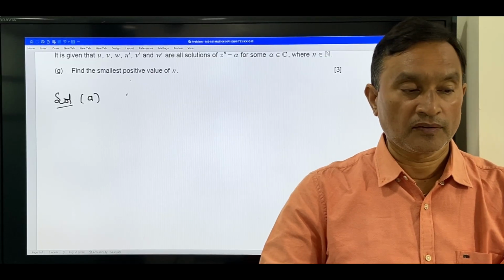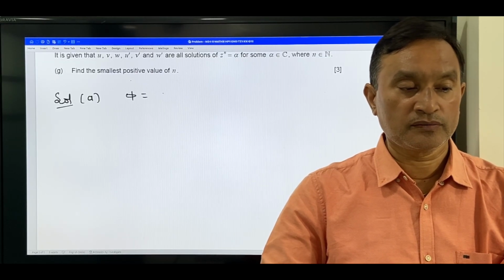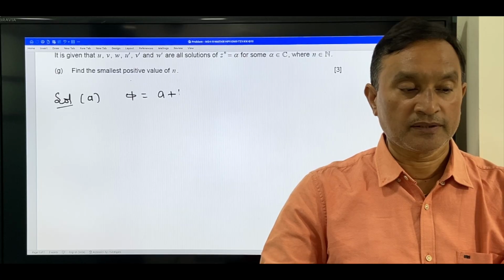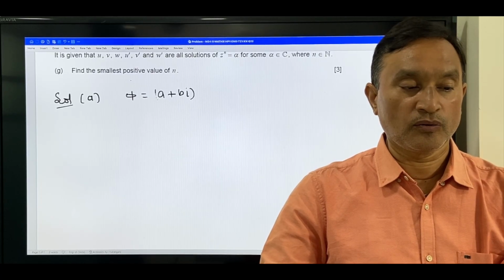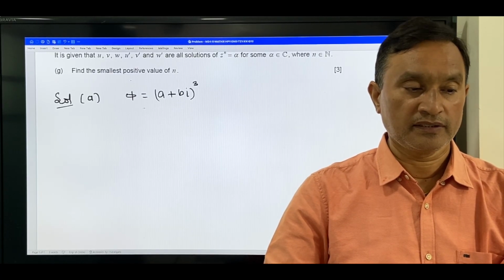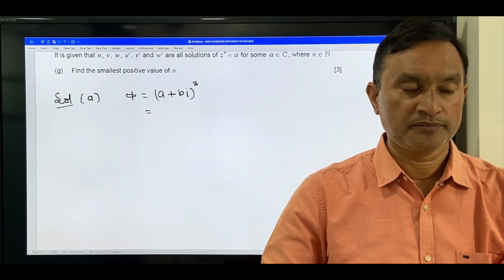Part A. Phi equals (a plus bi) whole power 3. Now we will expand.